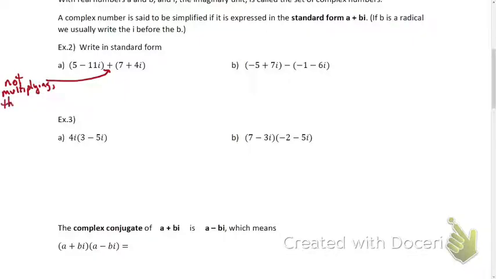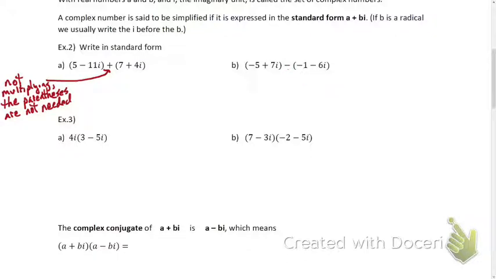The parentheses are not needed. They do that to organize expressions, but if you have a plus sign between them, or even a negative between them, like on B right here, you can just drop the parentheses.